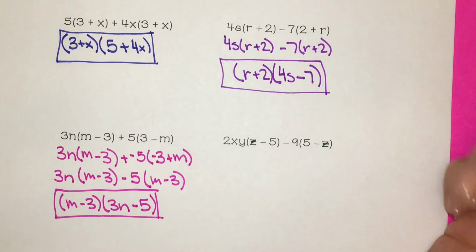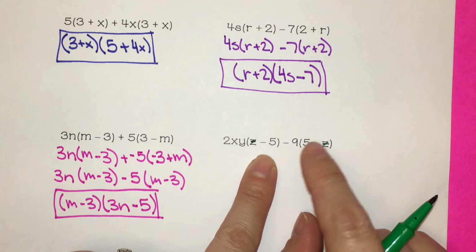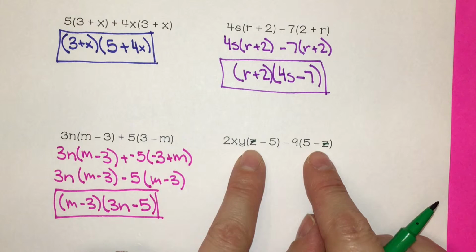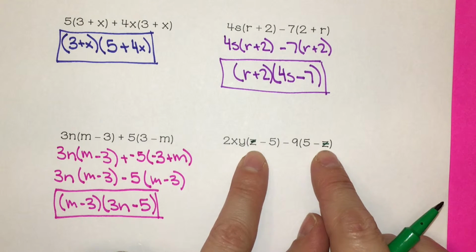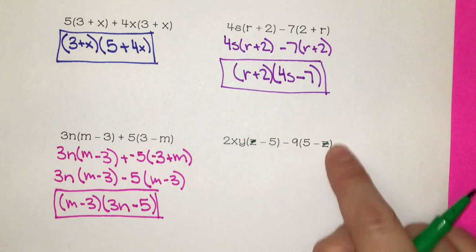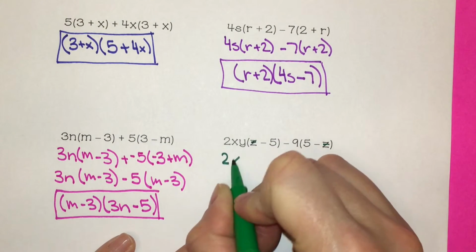So we're going to get what's inside the parentheses to be the same because we need to reverse this so that both z's are positive and both 5's are negatives, just because I like to mess with the second term.